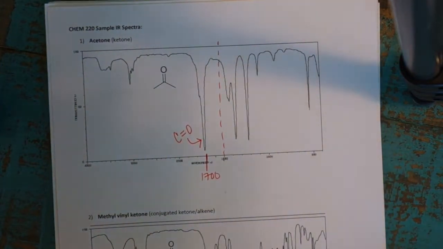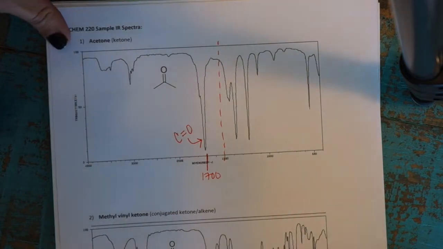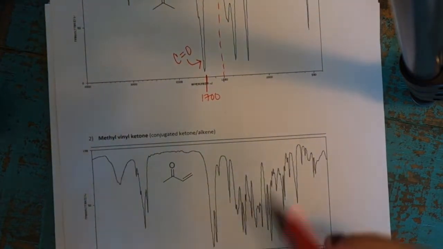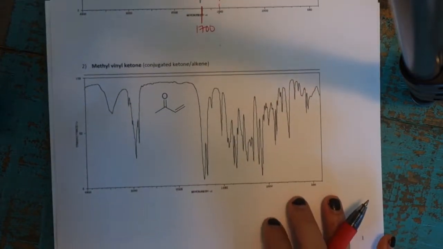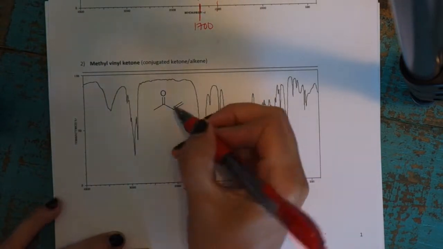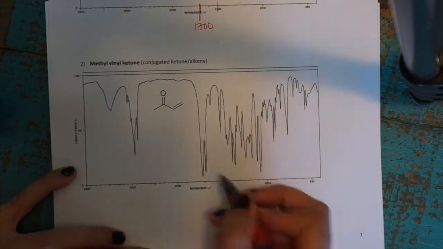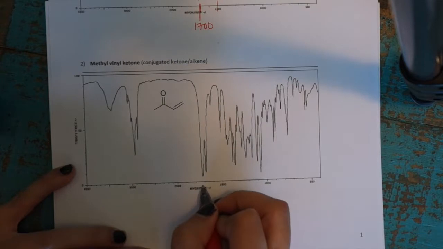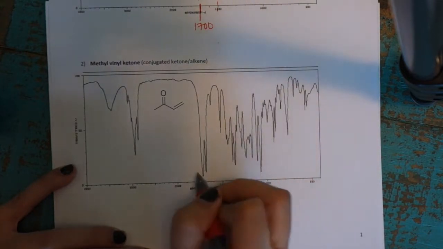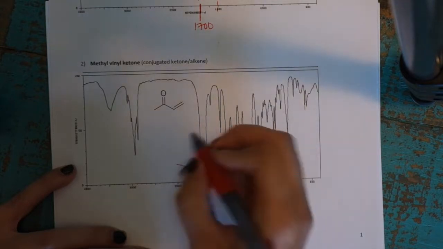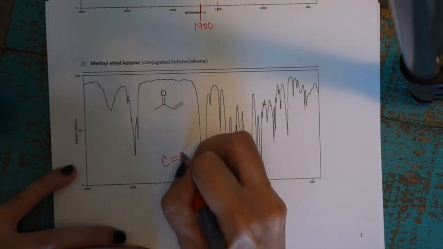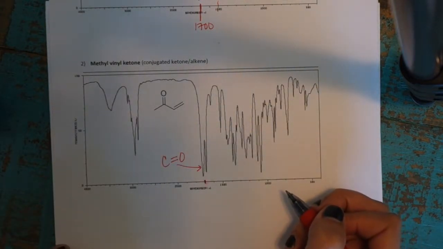So again, we have acetone from before. And so just to compare that one to the second example down below, methyl vinyl ketone, this one has a carbonyl, which again, we'd expect to see the CO double bond around 1700. So 1700 is right here. And we see a big strong peak here that represents the carbonyl.